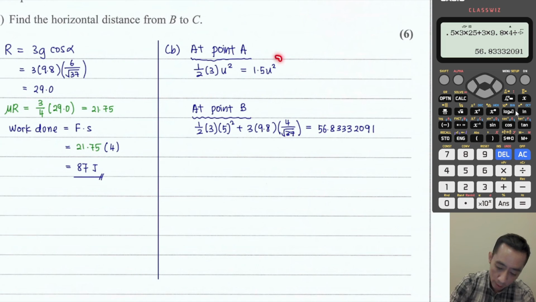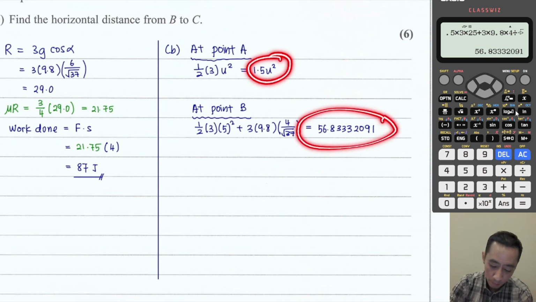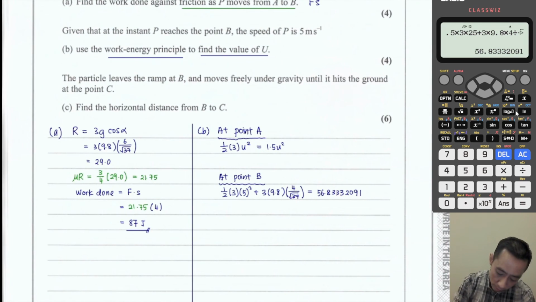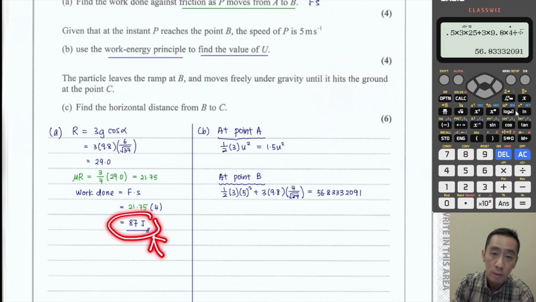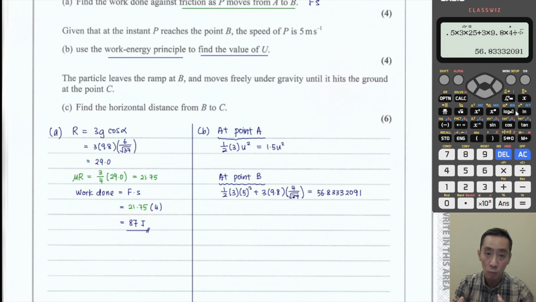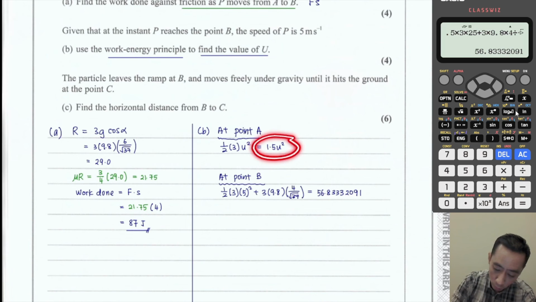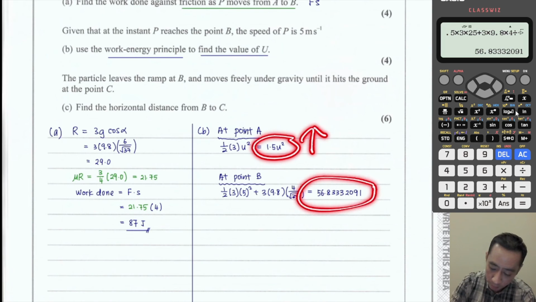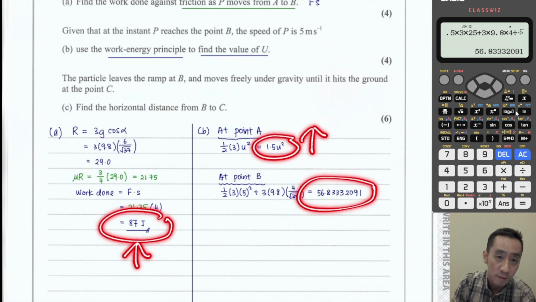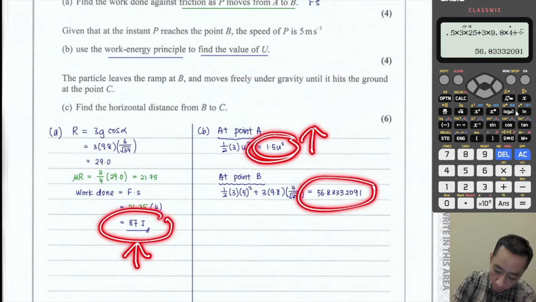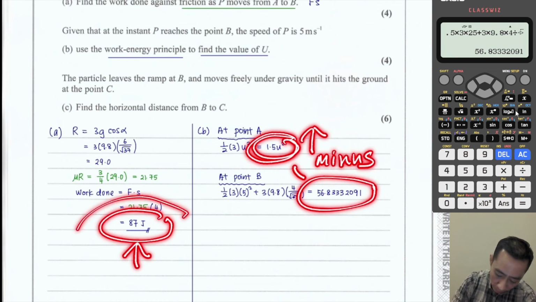The energies are supposed to be the same, but because some of it has been used working against the friction, they are not equal. So the initial will have more energy than the later. The difference is used for the friction. So this minus this will get this.